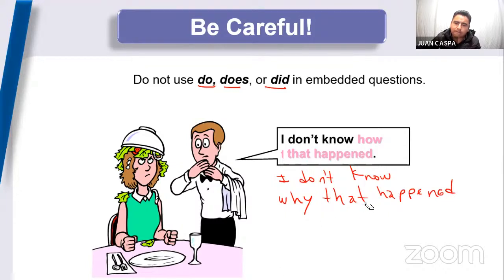But we cannot say, I don't know why that did happen, right? No, that happened. We don't have to use this. So only that. But usually we're going to use the past participle of the verb. Okay. With any verb, I can say, I don't know why that.